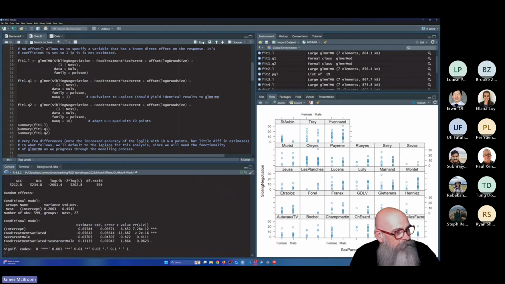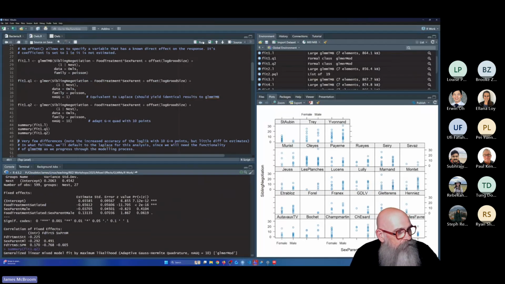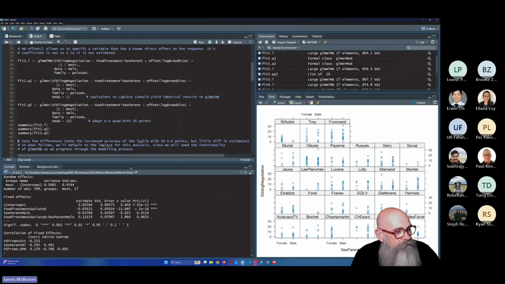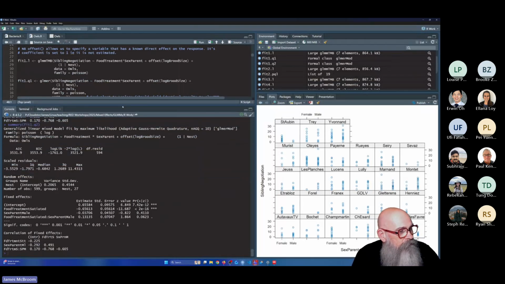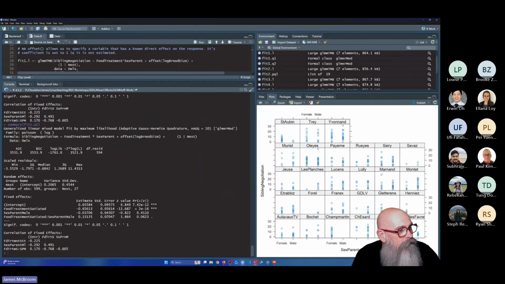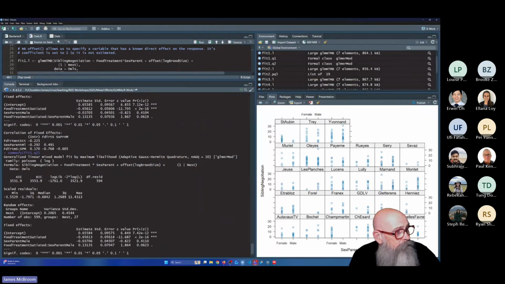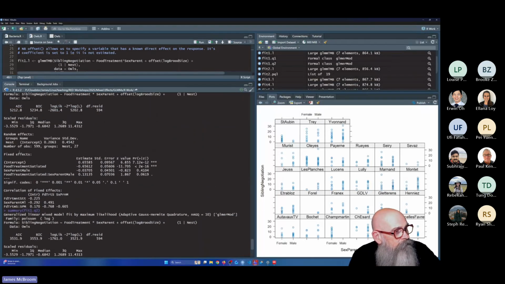If you take a look at the outputs between the three, and I'll let you do this in your own time, you'll notice that the estimates are very similar, but there's a major difference here with the Gauss-Hermite quadrature. You'll notice that the AIC and the BIC, for example, are around 3,500. For the two Laplaces, it's more like 5,200.